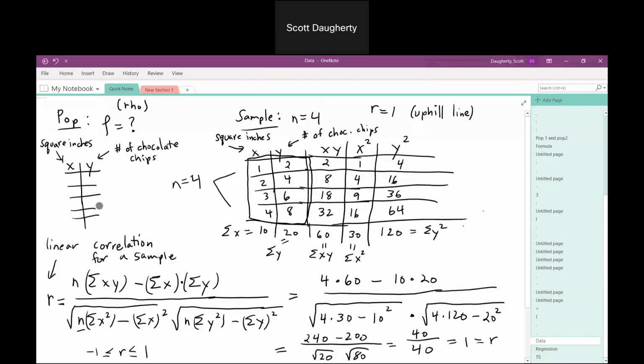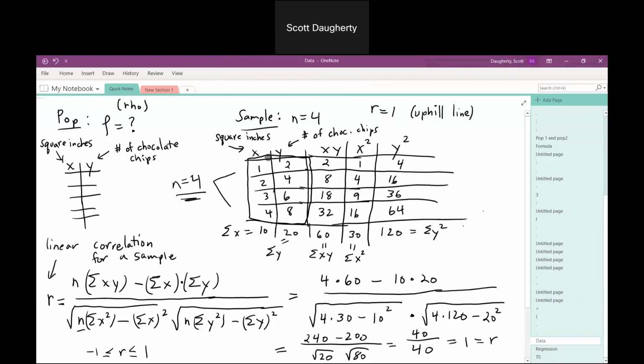The population would consist of conceivably any size cookie, measured in square inches, and the Y value would be the corresponding number of chocolate chips in that particular sized cookie. But we're randomly sampling four from this population, and this is what we got.